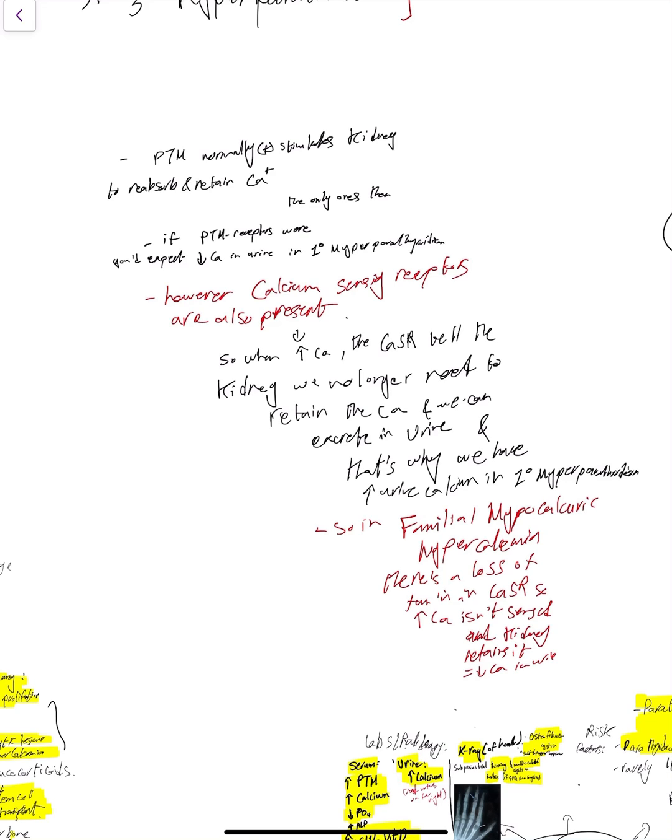You have increased calcium levels, but they are not sensed by those receptors, and the kidney thinks that you have low calcium, although you do have high calcium, and therefore it retains more calcium and reclaims it from the urine. That's why you have low calcium excretion in the urine.